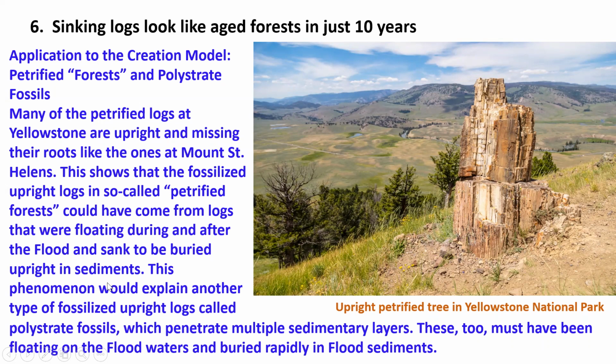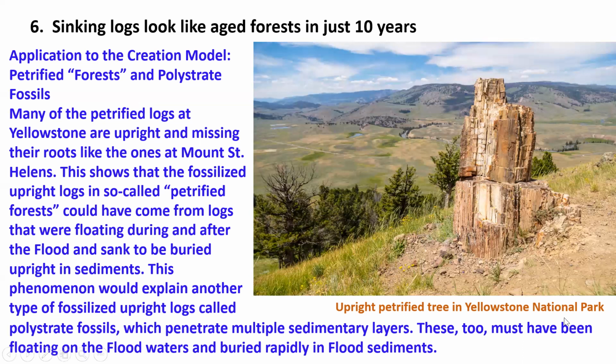This phenomenon would explain another type of fossilized upright logs called polystrate fossils. So they are actually logs that are upright, okay? Polystrate fossils. And they penetrate multiple sedimentary layers. So remember just now the Kueh lapis effect, they penetrate multiple sedimentary layers, which can be laid very fast over hours or days. Yeah, it doesn't have to take millions of years.